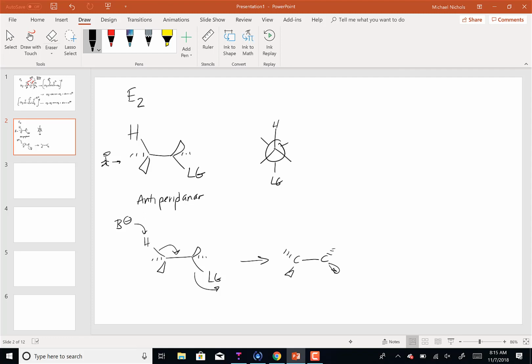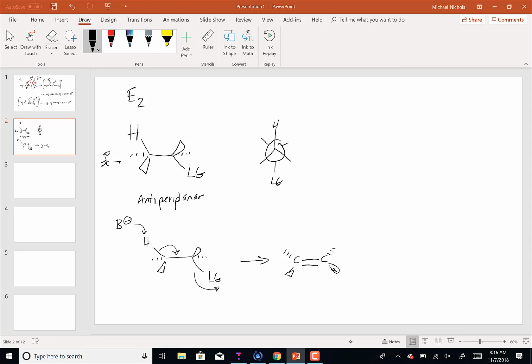Okay. And so I'm putting the bold and dashed wedges in, so it's like you're looking down, all six of those atoms are in the same plane. So you're looking at the double bond with the groups pointed towards you and away from you, and they're perpendicular to the screen. And we know that there's a double bond here.